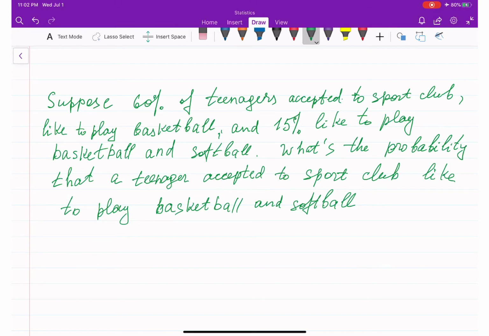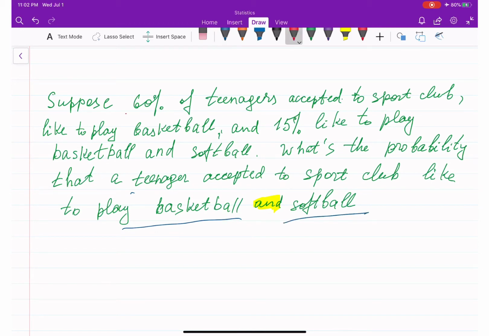What's the probability that a teenager accepted to sport club like to play basketball and softball? The key word here is and, which means we will end up doing multiplication again. So the probability that teenager accepted to the sport club like to play basketball and softball. All right, let's see.